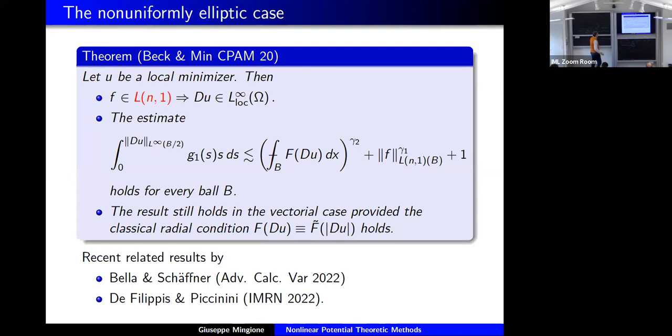Let me go back to the very specific shape of this estimate. In the exponential case, G1 grows like an exponential. In the p-q case, G'(t) is t^(p-2), so this goes like t^(p-1), and when you integrate, this is t^p.